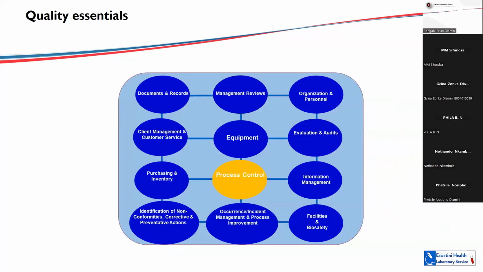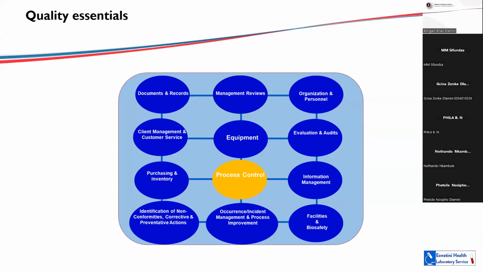So maybe just to look into them, I think it's just a reminder. We have about 12 of them, the quality essentials, of which they start from the documents and records that may include our quality manuals and our SOPs.